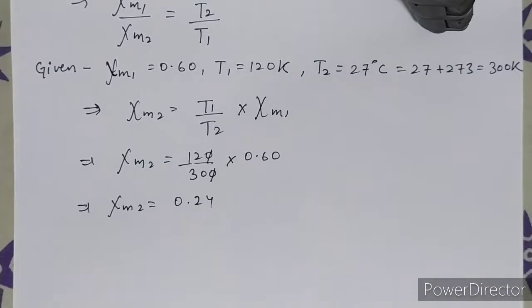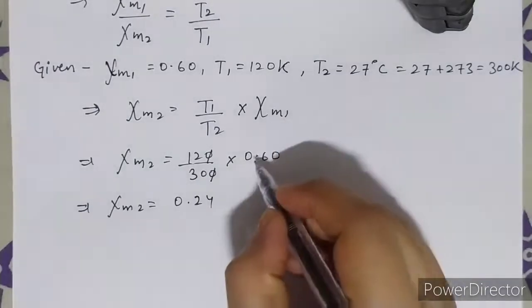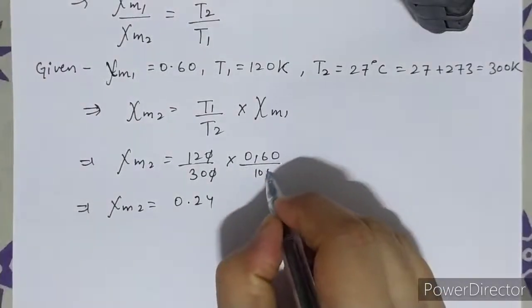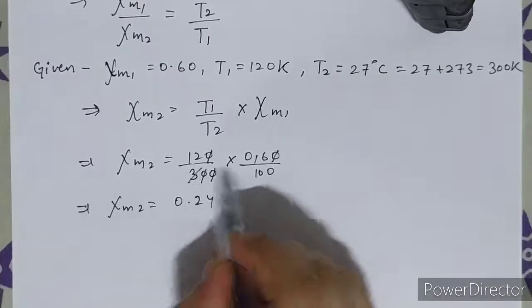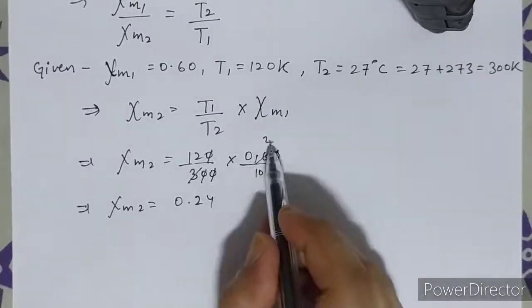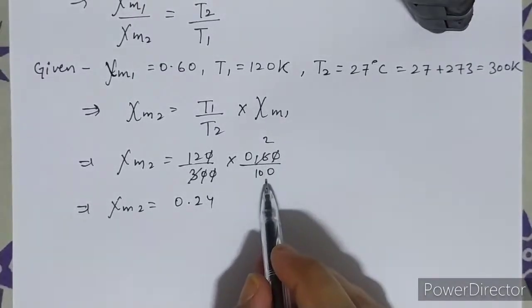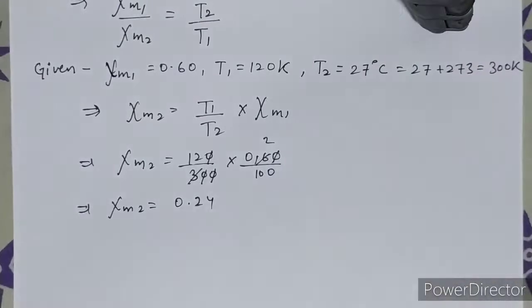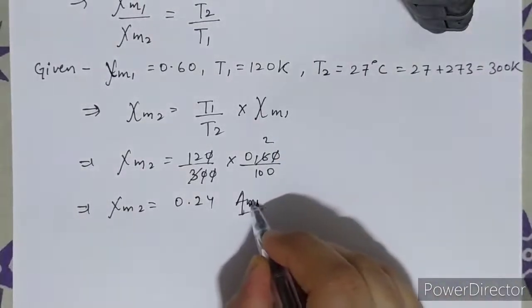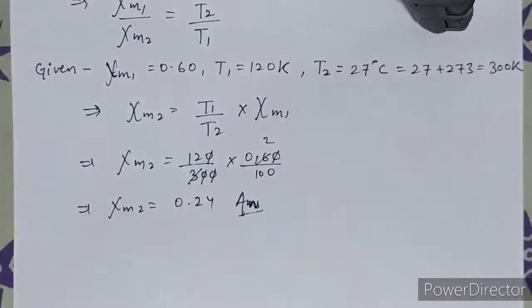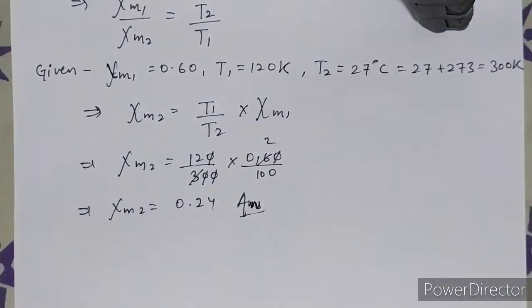How? Simple as that. When you remove the decimal, here it is 100. Zero and zero cancel out. 3 twos are 6, 12 twos are 24, and here the decimal is there. So 0.24. Clear? This is the value of the magnetic susceptibility at a temperature of 27 degrees Celsius, or we can say 300 Kelvin.